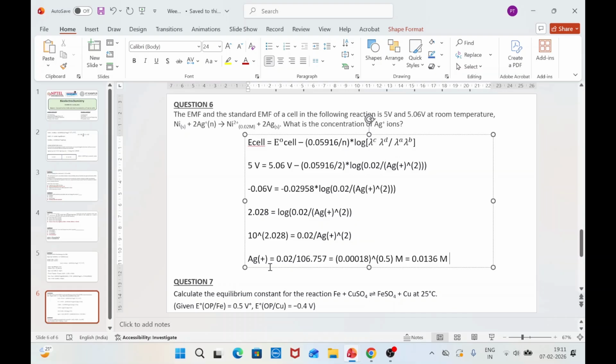We will try to cover as much as possible, so that when you finish this course, you will be very well habituated to using the Nernst equation to find the EMF of a cell, standard EMF of a cell, their respective concentrations, and how to use them to construct an electrochemical cell as well.